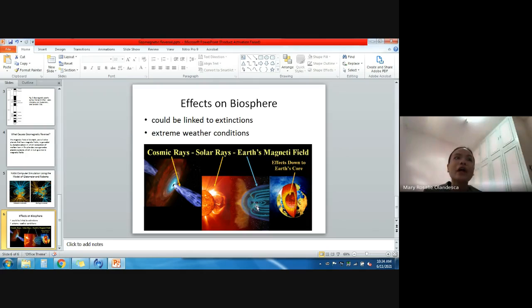With the Earth's magnetic field flipping, if this weakens during the reversal, more cosmic rays and solar rays will enter our atmosphere, thus giving rise to extreme weather conditions. And with extreme weather conditions, that could be linked to extinctions.